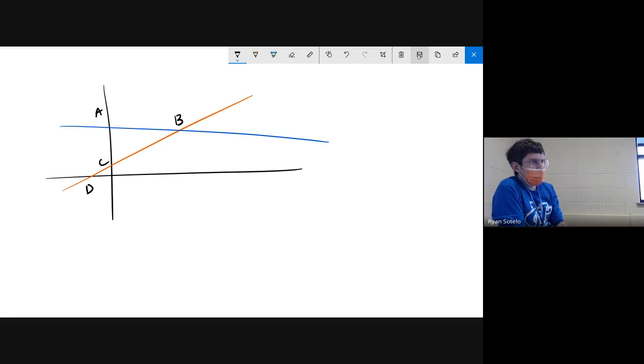Which of these points represents a solution to the system of equations? Which point?